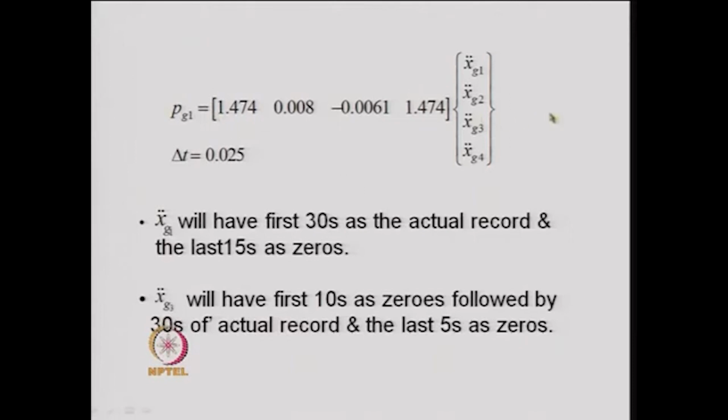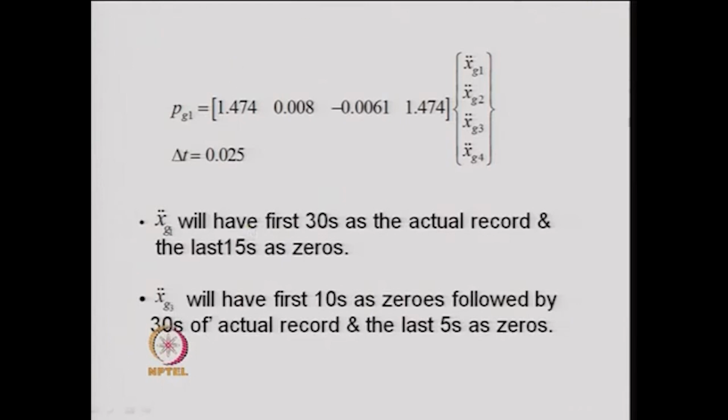So, this is the value of the generalized ground acceleration or generalized excitation of the first generalized equation, and with a delta t defined as 0.025, this can be integrated.